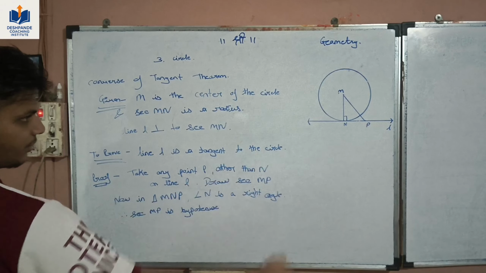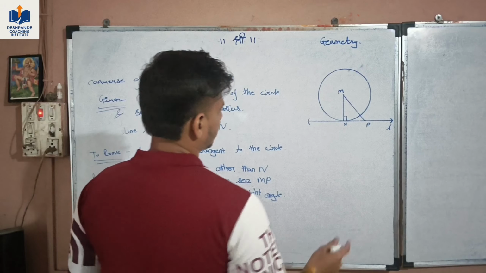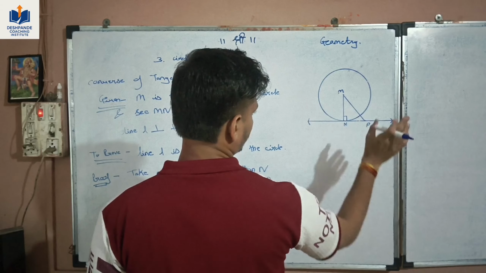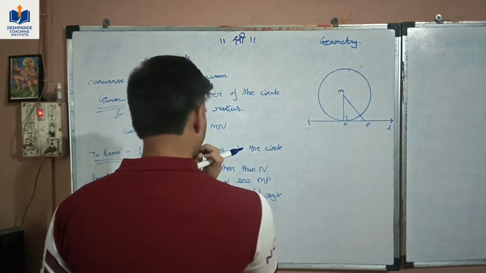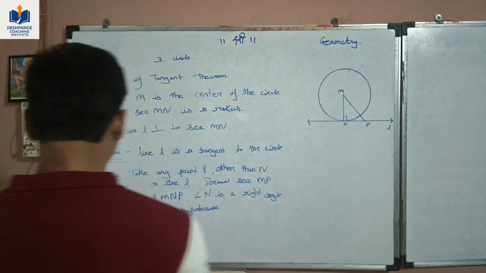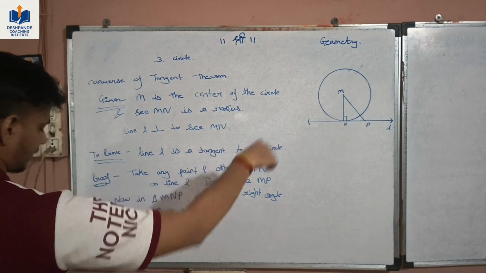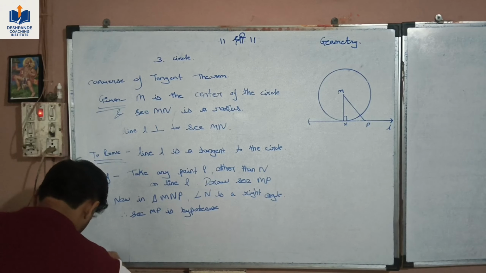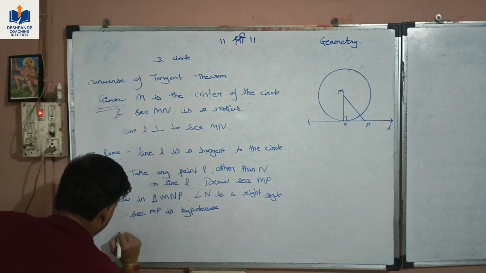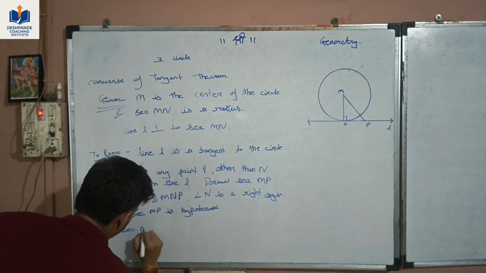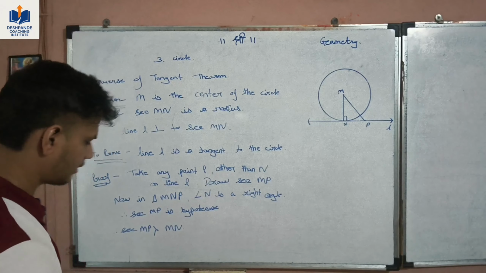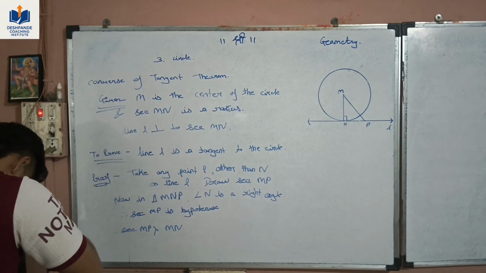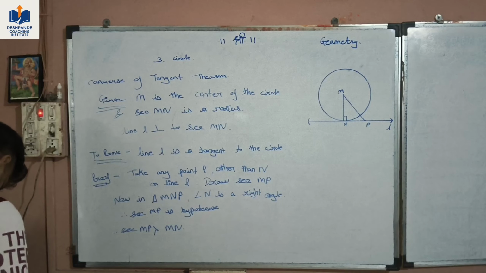Segment MP is the hypotenuse, and by Pythagoras theorem, MP square is equal to MN square plus NP square. Which one is big? Segment MP is greater than segment MN.